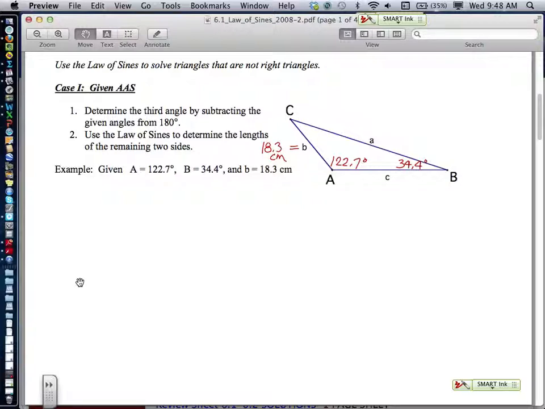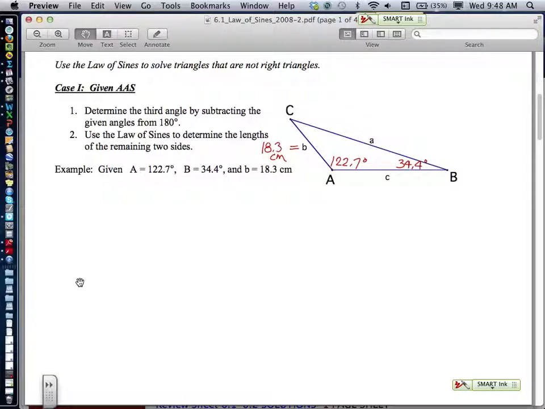All right, so we want to apply the law of sines, and you want to have a proportion where three parts of the proportion are given and another part is unknown. And that's what you're going to solve for. But before we even start down that road, let's think about finding this third angle in the easiest manner. Easiest way to find that third angle is to do what? Subtract from 180. Okay.